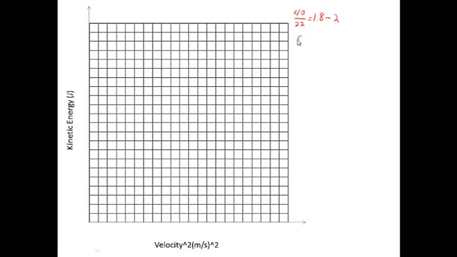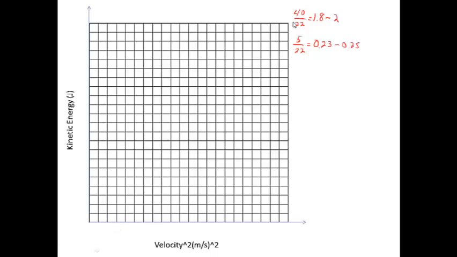So 5 was my peak other value over 22. Let's calculate that. 5 divided by 22. I get 0.23. So I'll go up to the next whole number here. I'm going to go up to 0.25. And that's just so we know how to spread out this graph. You don't have to actually write that in your graph.